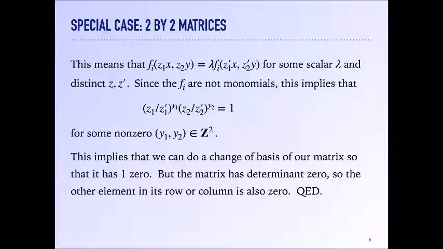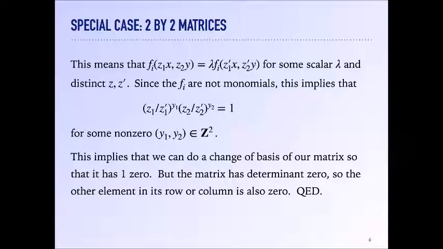If your original polynomial is divisible by some x or y, you could just divide out by that, and the new polynomial would have the same property and even lower degree. So there's no advantage to starting with a polynomial that's divisible by x or y, and you can assume that f_i is not equal to x or y.